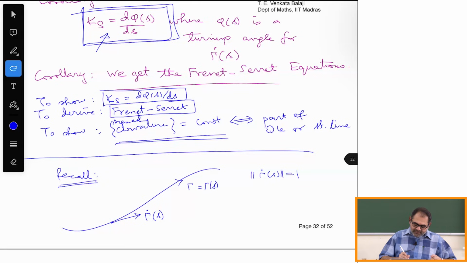All right, and then I told you that the way the sine curvature is defined in a geometric sense is the following. Analytically you rotate this tangent. Mind you, the tangent direction is always given to you, because that is the direction in which the curve is being traversed, with respect to increasing arc length.